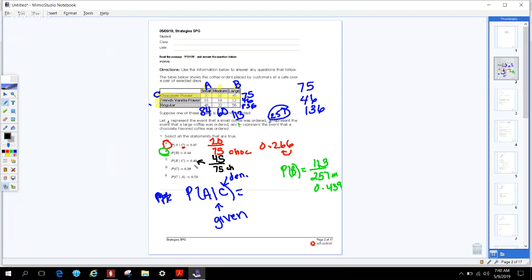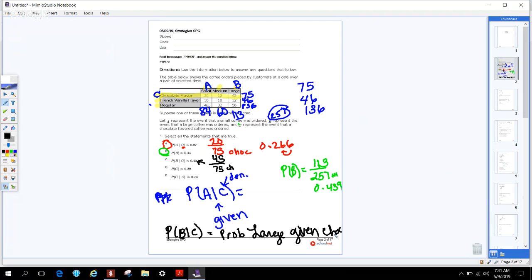I'm saying, it says given that it's a large, right? It doesn't say given it's a large. It says the probability of getting, so what P(B|C) means is what's the probability of getting B, so getting a large, given, because that line means given, you got chocolate.